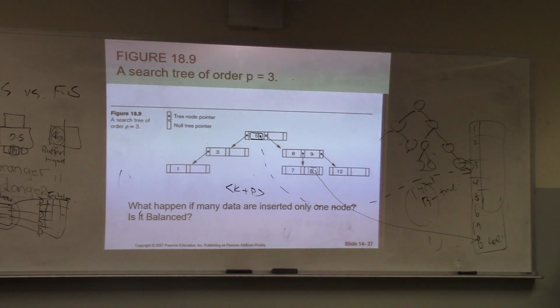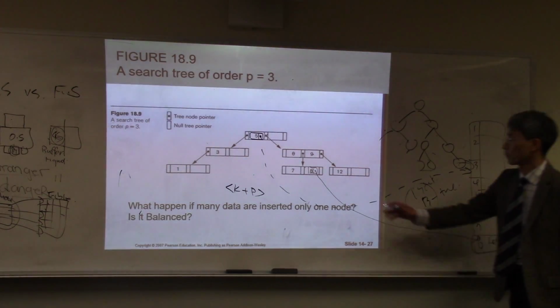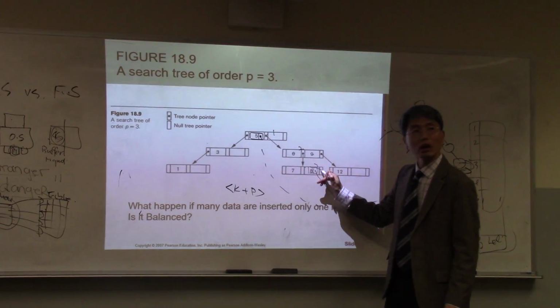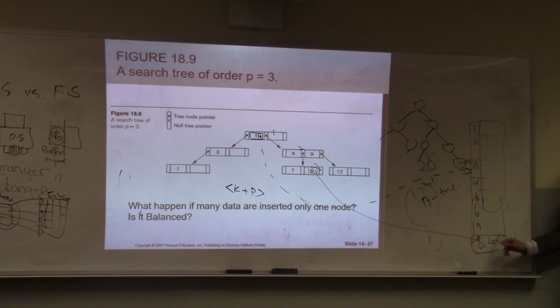So how many accesses are needed to access this record using the index? 1, 2, 3, plus always 1 more. So it's a 4. Okay? So what about 5?